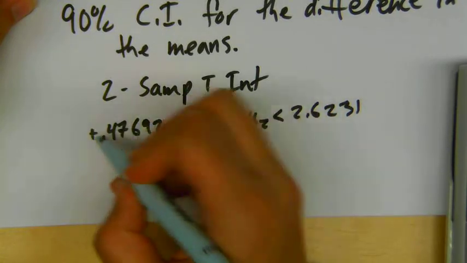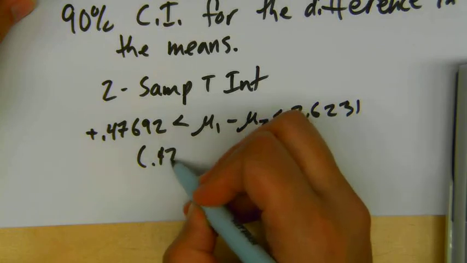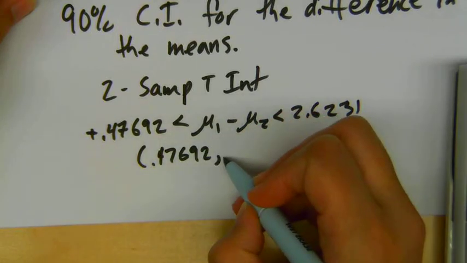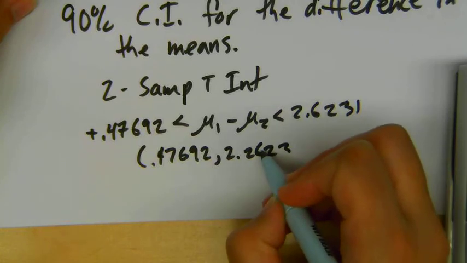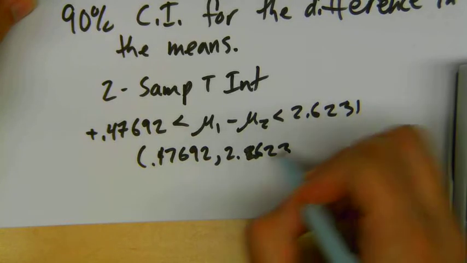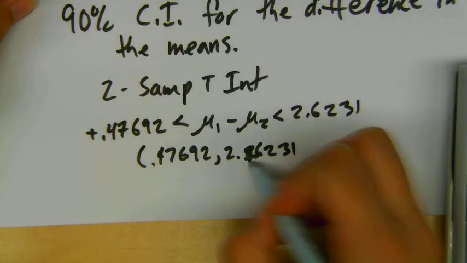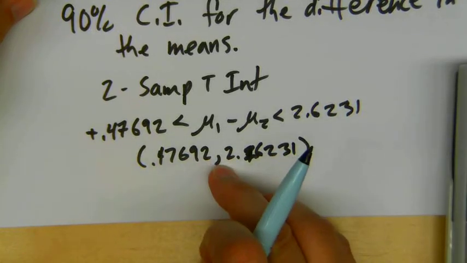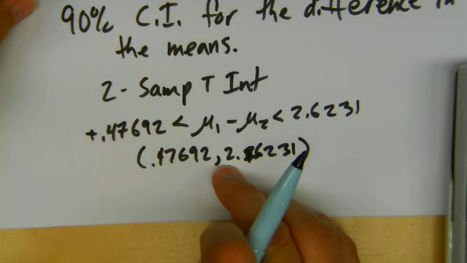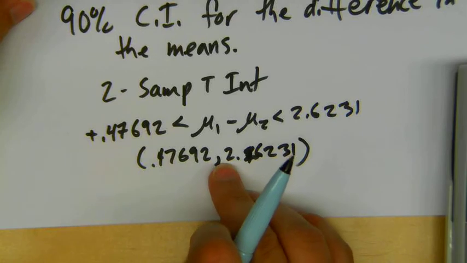Oops, that wasn't negative, that was positive. 0.47692, comma, 2.26231. And then in parentheses, I'm fine with that notation. Then you don't have to worry about what parameter should go in there. Right? If you have 2 proportions, it's going to be P1 minus P2, that kind of thing. If you have dependent groups, it would be a mu D in there.